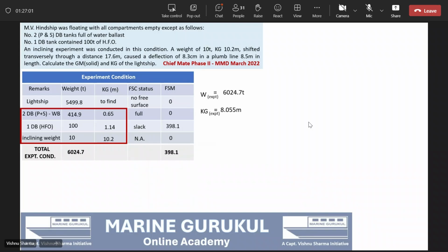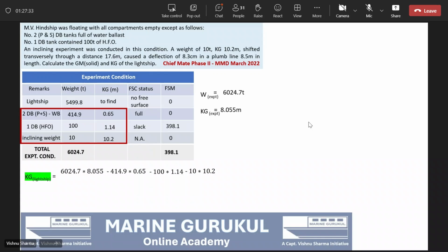So by the principle of vertical moments, we can get the KG of the light ship. KG of the light ship will be the vertical moment in the experiment condition minus the vertical moment of the water ballast in 2 DB, minus the vertical moment of HFO in number 1 DB, minus the vertical moment of the inclining weight. Now this will be the vertical moment of the light ship. Am I right, guys?